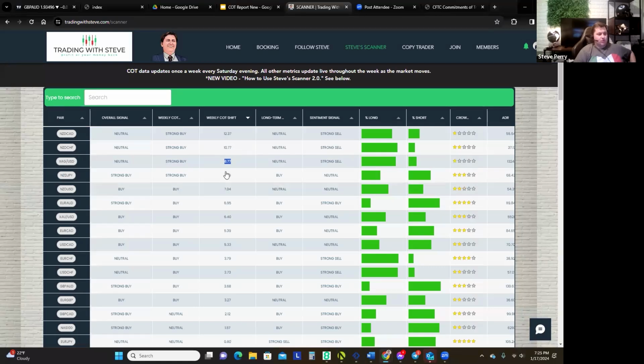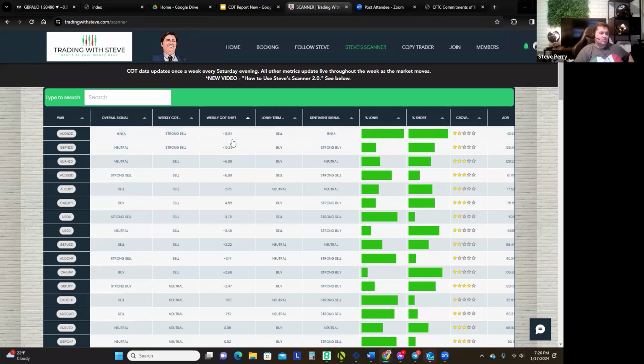NZD Yen, really big positive. Gold had a positive shift. Euro Aussie had a pretty big positive. If you flip it the other way, here's some pretty big negatives. Aussie Kiwi had a really big negative. Pound Kiwi, negative. Euro Kiwi's negative, right? And so on. Aussie dollar's pretty negative, right?